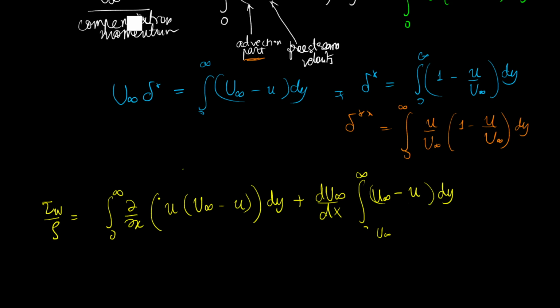Okay, so this would become integral 0 to u infinity del x. So the del x I can take out of the integral because it's a 0 to infinity thing. So del x of integral 0 to infinity u times u infinity minus u dy. So we've just seen that that is equal to u infinity square times delta double star.